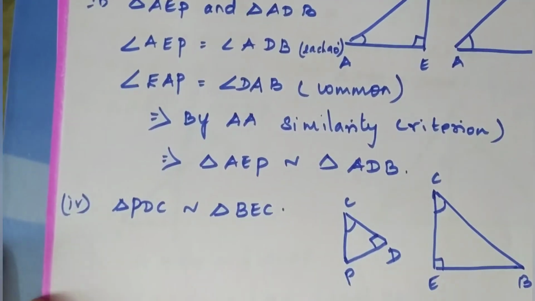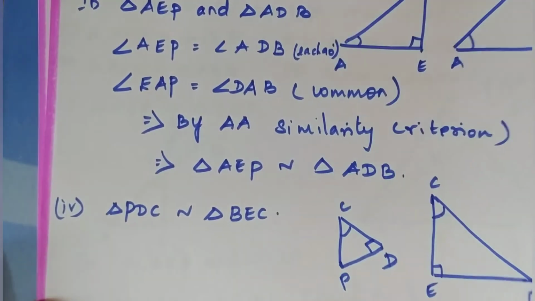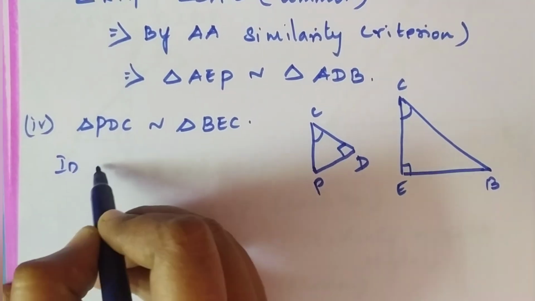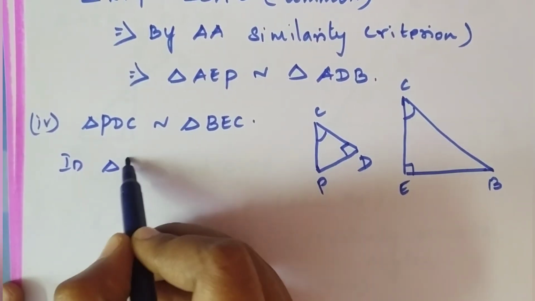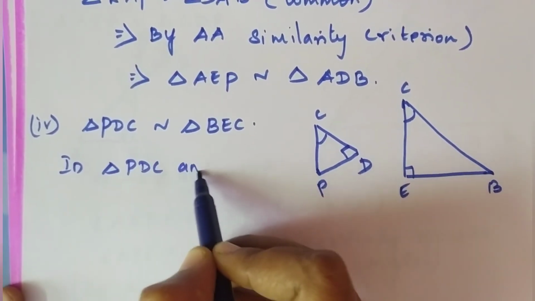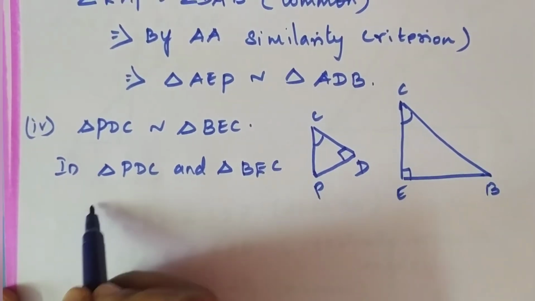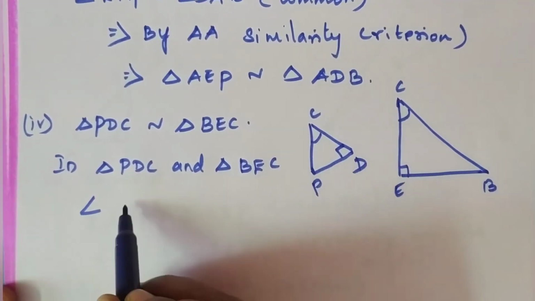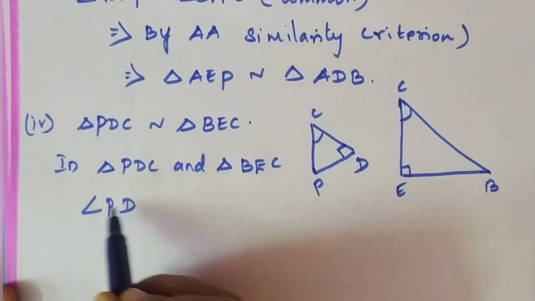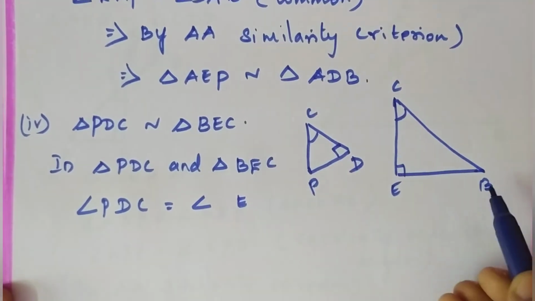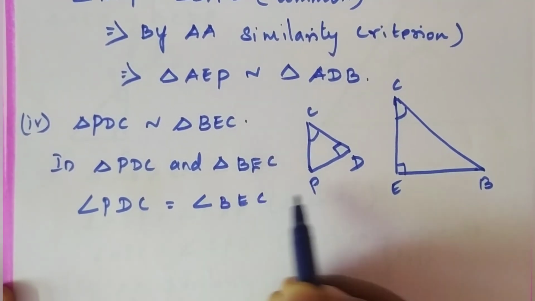Like this we can prove this subdivision part. Okay, first I am going to take a triangle. In triangle PDC and the triangle BEC, first 90 degrees: angle DPC is equal to angle EBC.